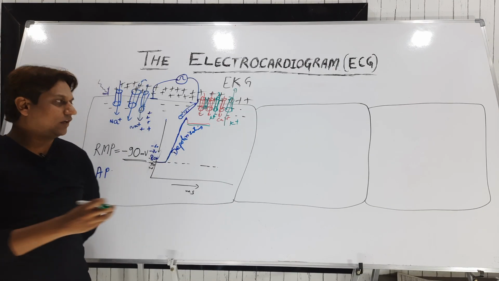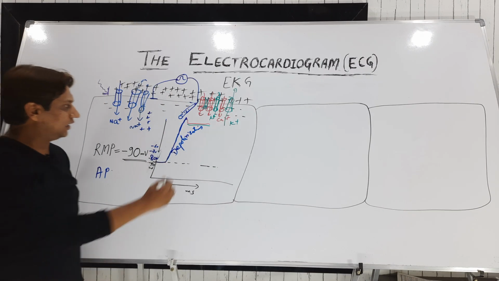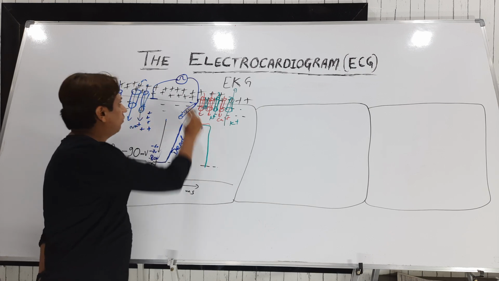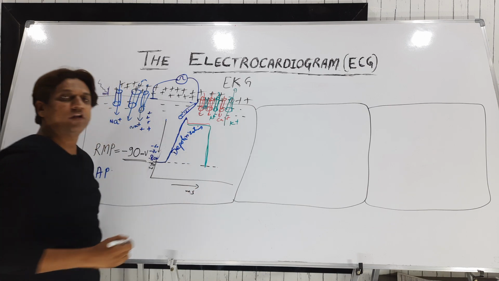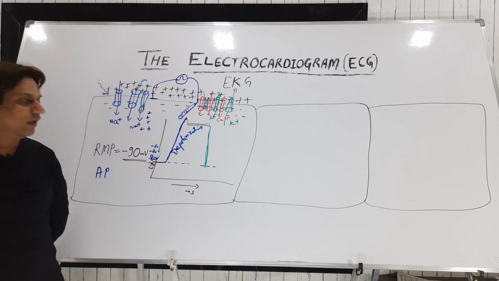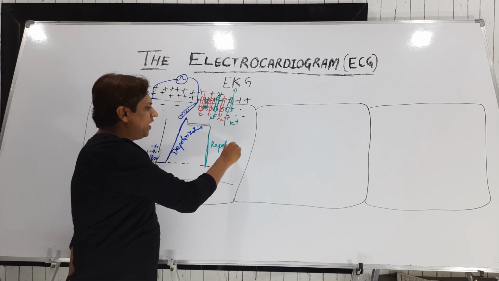So the positive charge is lost from inside of the cell to the outside, and ultimately the membrane potential, if we record it with the help of this cathode ray oscilloscope, will tend to come back to the resting membrane potential. This phase, due to the opening of the potassium channels, is called repolarization. Remember these two very important things.